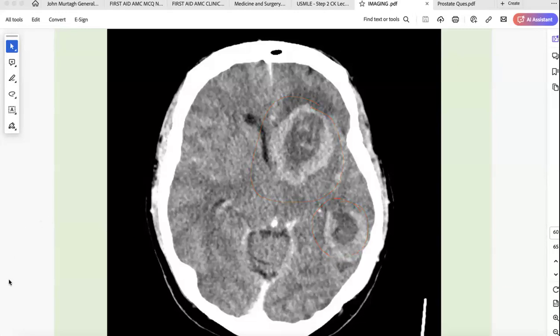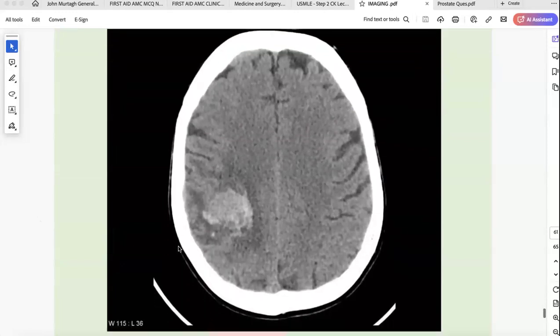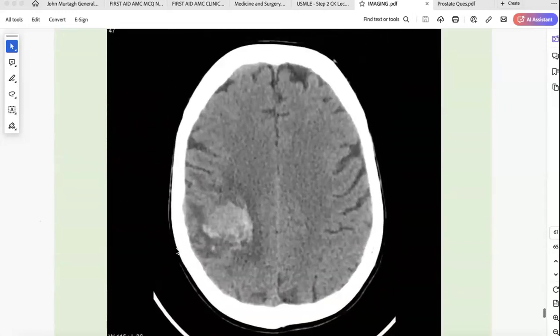Now, if you look at this one, this is where a lot of people get confused in the exam. This can be a brain tumor. This can be a metastasis. There is no specific way to differentiate between these two. It's all about getting a biopsy to know exactly what it is.